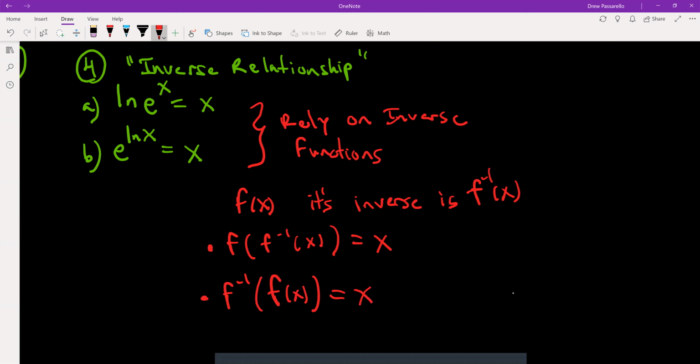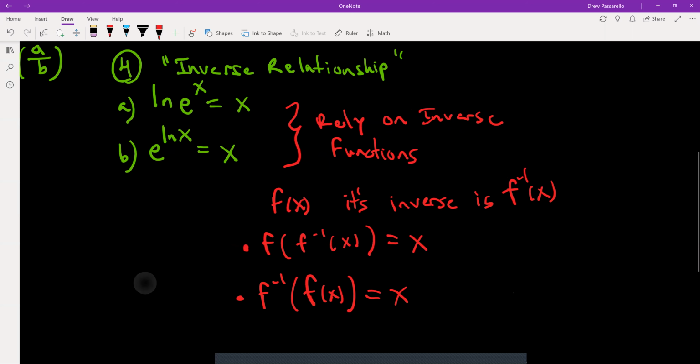It also gives you back x. So ln and e are just types of functions that are inverse functions. There's more inverse functions. And so like f of x is the function e to the x, and its inverse is the natural log of x. Just a specific type of inverse functions.